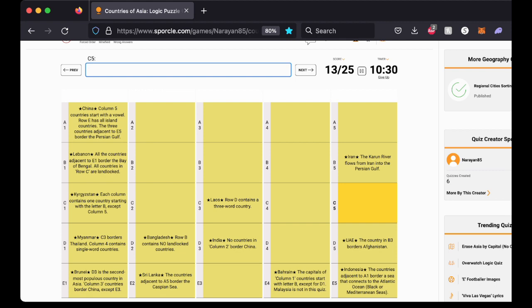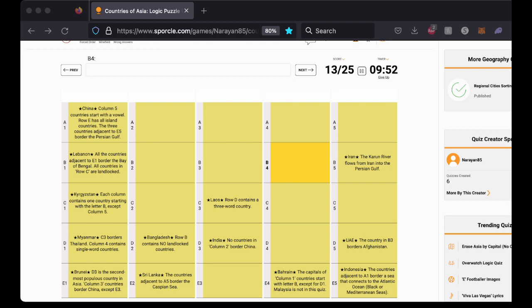Another country that borders the Caspian Sea and is not landlocked.